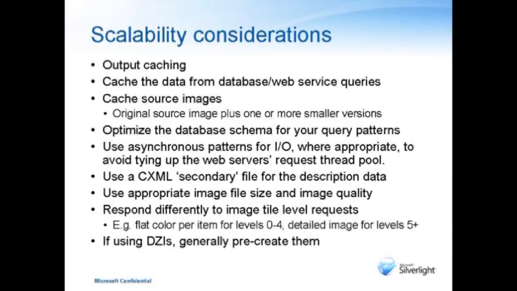So now let's think about some scalability considerations. We just talked through the mechanics of what your server needs to respond to, but you can do it a smart way, or you can do it in a way that you need to spend a lot of money on a lot of servers. So something obvious is output caching. You think about requests will come in to your server for CXML files, DZC files.